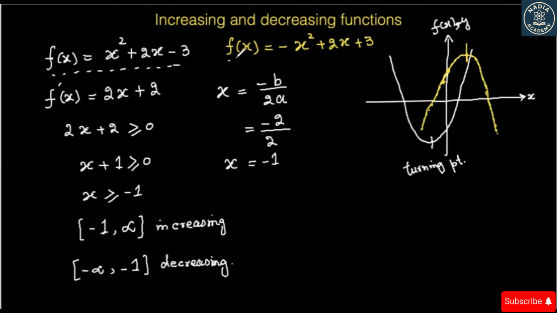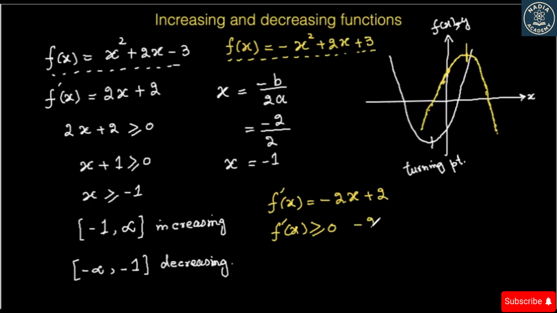Now we again test it with our knowledge of derivatives. The first order derivative of this function is very simple: -2x plus 2. Now if we check the condition for the increasing function, f prime of x is greater than or equal to 0. This means that -2x plus 2 is greater than or equal to 0.